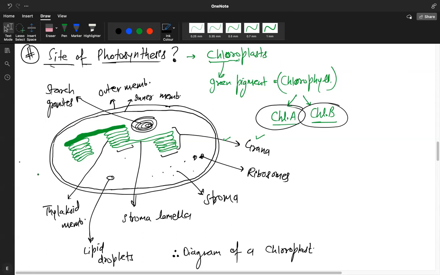If the splitting is happening on the inner side, how can you release it on the outer side? The oxygen and the protons will be released in the lumen, right? Don't you think so? Think about it. Think again. I'm giving you 1 minute, all three of you.